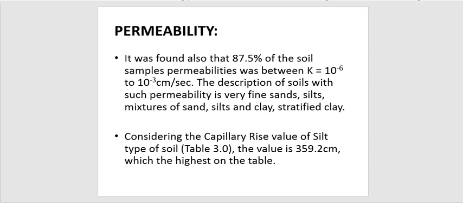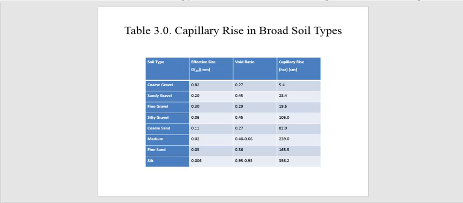They had a permeability of 10 raised to power minus 6 to 10 raised to power minus 3 cm per second, and the table is shown below here. So the table shows clearly, we saw that apart from that, the capillary rise was also on a high side, which really permits seepage, permits the passage of water through it.